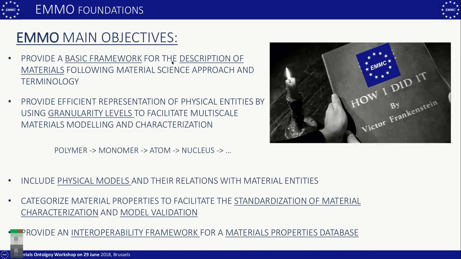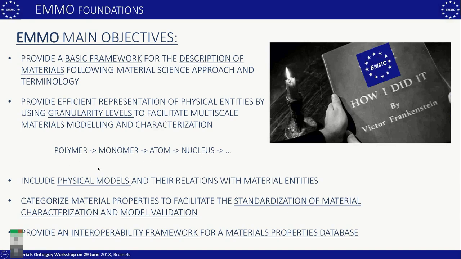The main objectives of the EMMO are to provide a basic framework for the description of materials, and to provide an efficient representation of physical entities by using granularity levels to facilitate multi-scale materials modeling and characterization. Granularity levels means that we should be able to decompose each material into its constituents in order to enable the possibility to use several models that focus on different scales for the same material.